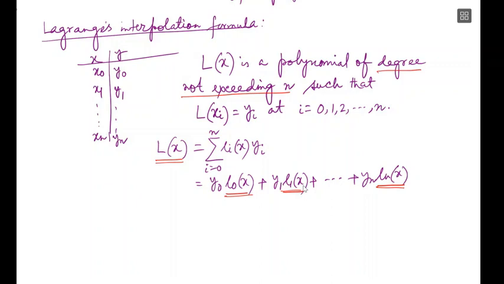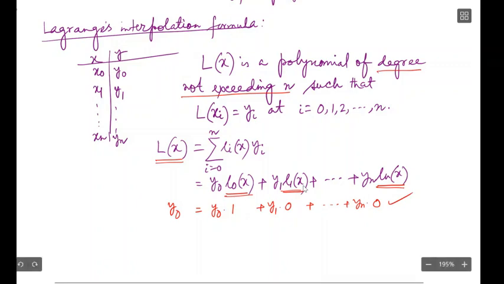That is, here it is y0 into something plus y1 into something, in this way yn into something, and we are choosing this one as 1 and all others 0. Then it will be a valid relation.